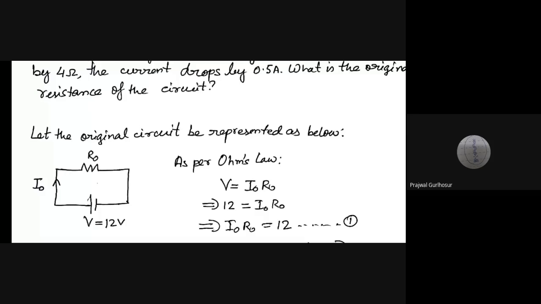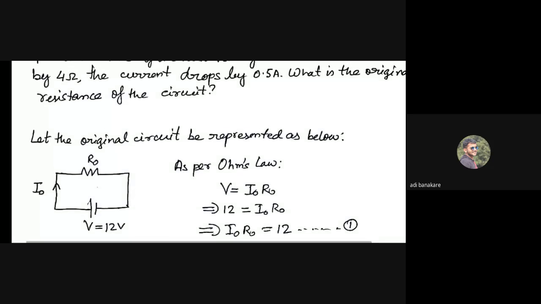So we put 12 in place of V, and we can write this as equation 1, right? Everyone understood the original circuit till now? Yes, ma'am.